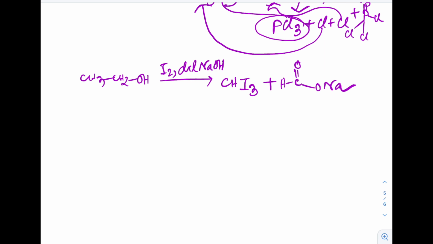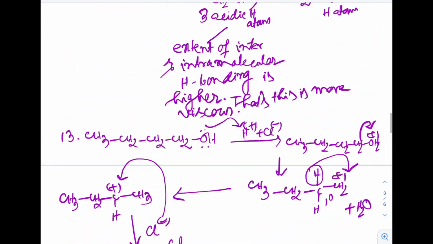When you react CH3CHO with I2 and dilute NaOH, the side product will be sodium formate. That's why we get sodium formate as the side product. So this question is done.